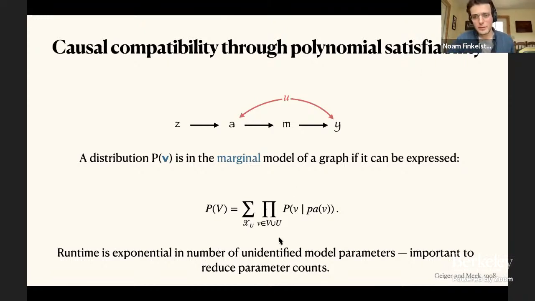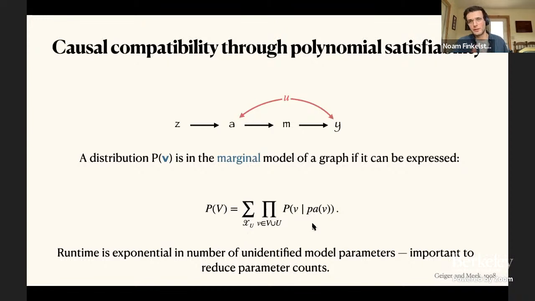It was recognized a long time ago, for example by Geiger and Meek, that a distribution is in the marginal model of a graph if it can be expressed according to this polynomial equation with one equation for every setting of the observed variables. And we get a summation here instead of an integral because we can assume non-restrictively that variables take values in finite state spaces.